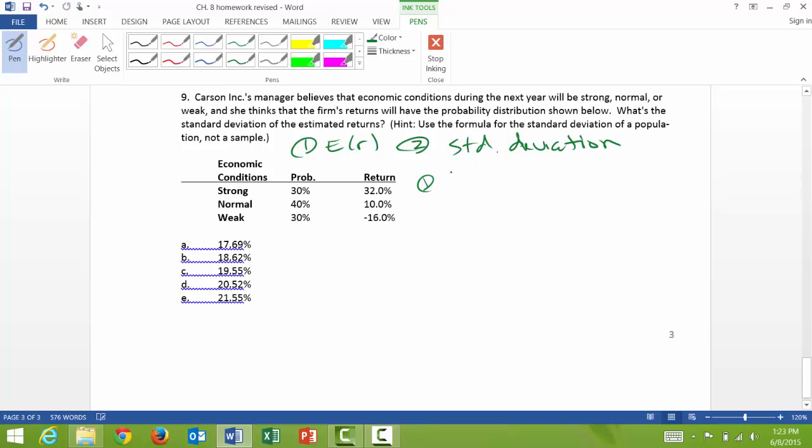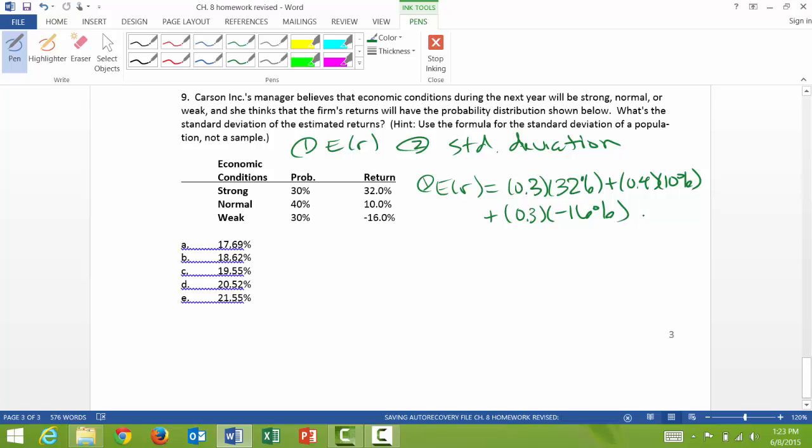So for part 1, the expected return is going to equal the probabilities, 0.3 times 32% plus 0.4 times 10% plus 0.3 times negative 16%.